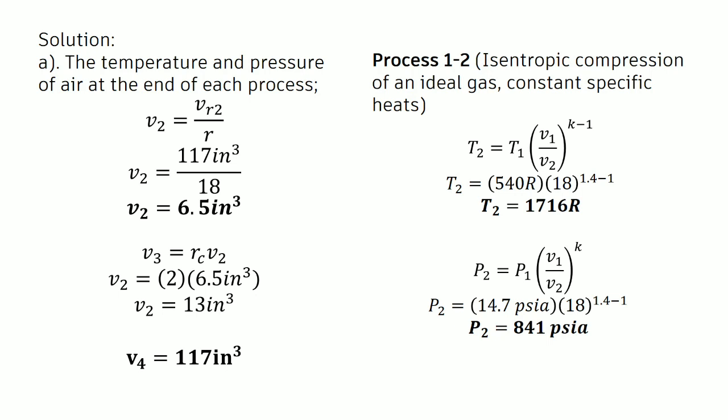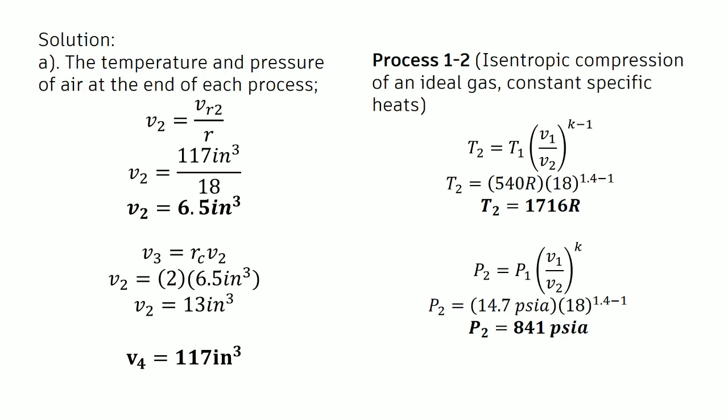The same formula applies for state 4: just plug in the specific volume, and calculating, we have the specific volume for our state 4 to be 117 cubic inch. So this is the specific volume at the end of the process at state 4.